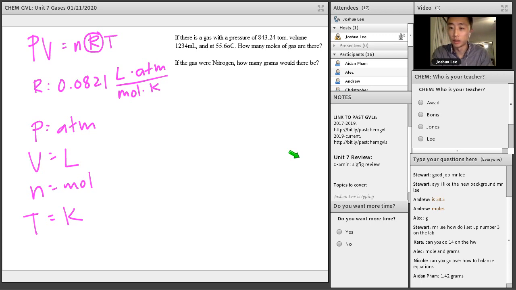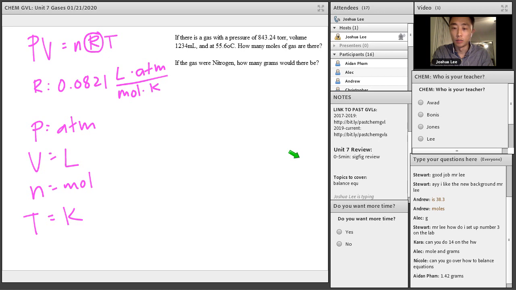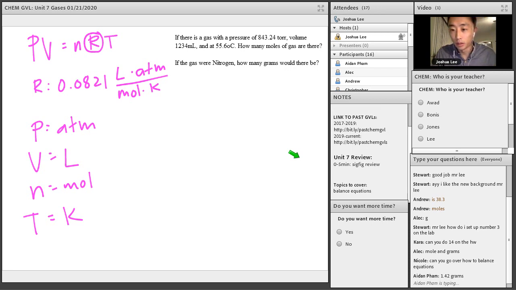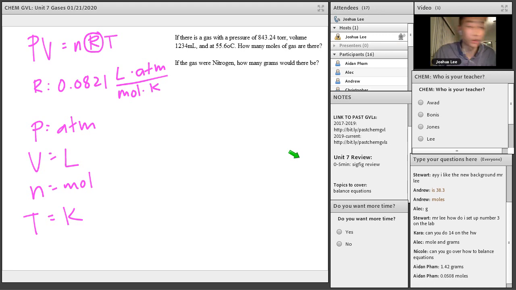It's currently going ideal gas. Balance equations. Yeah, I don't know where 38.3 came from. I don't know where Alec is just saying G, but I also got 1.42 grams and 0.0508 moles.